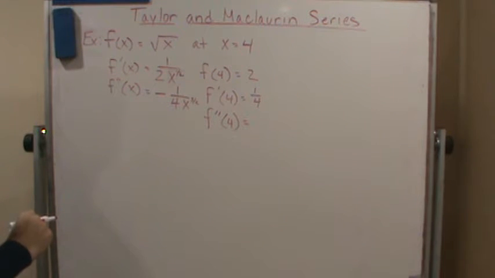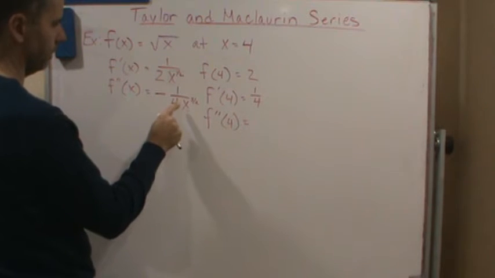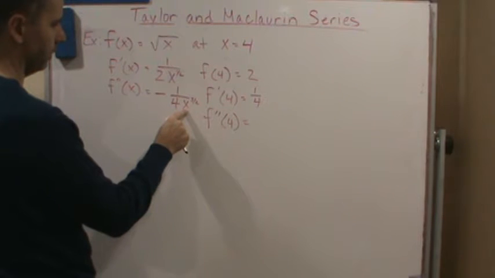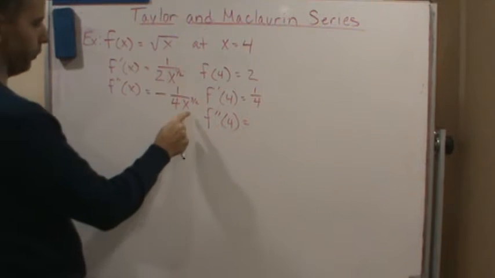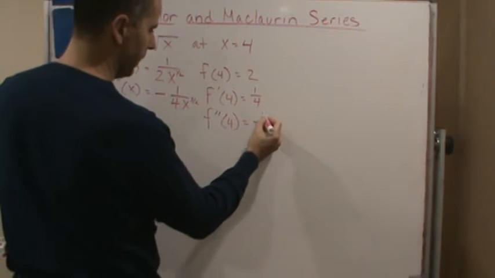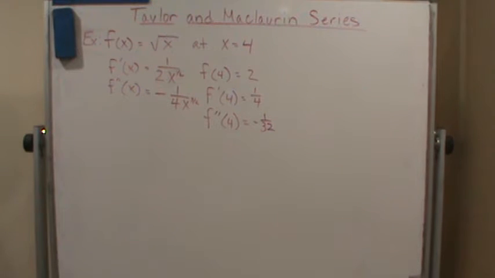Let's see. I just want to make sure I'm doing this right. If we stick in 4 here, 8 times 4 is 32, so this will be negative 1/32.